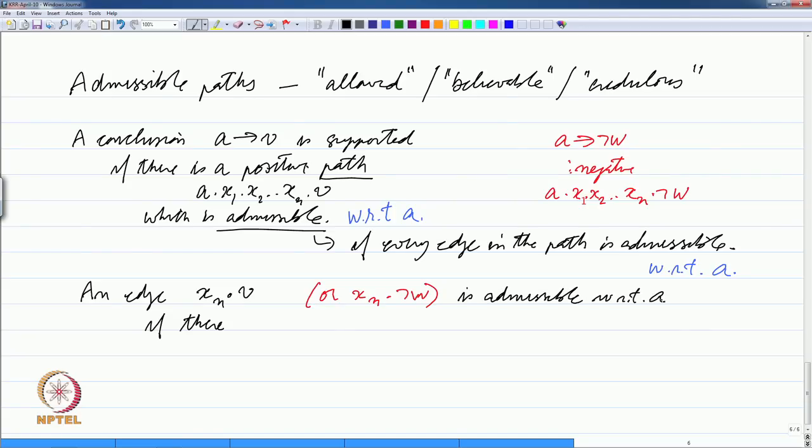So every time actually we must say with respect to A, if there is a positive path A x 1 x 2 x n, which has the following properties.